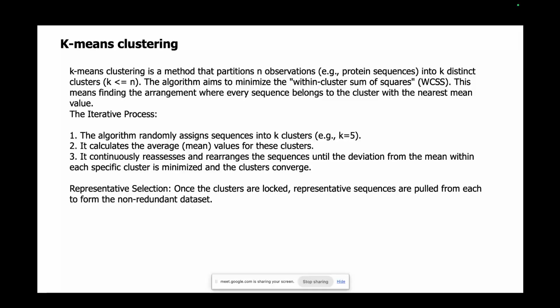Now you are recalculating the mean, right? So for example, for M1, you're calculating it like this: total similarity divided by the total number of proteins present.